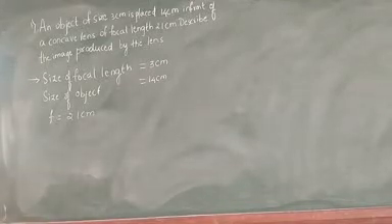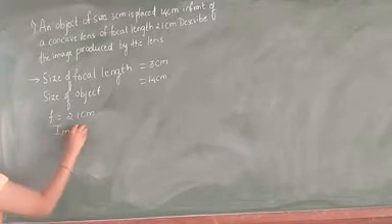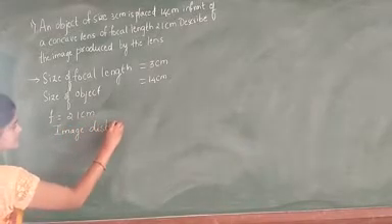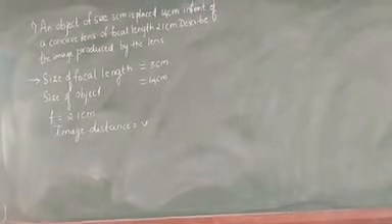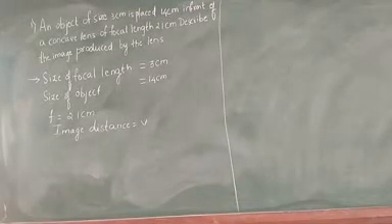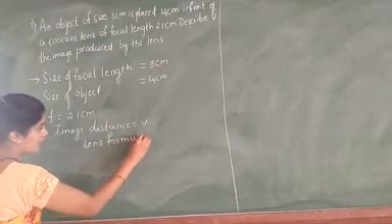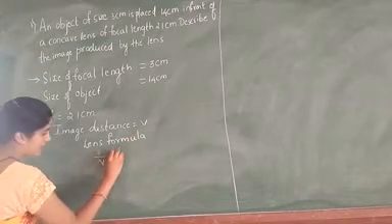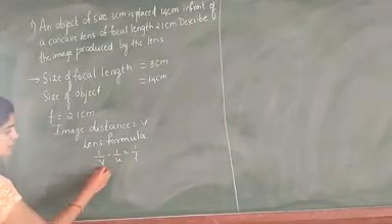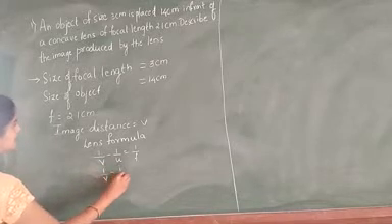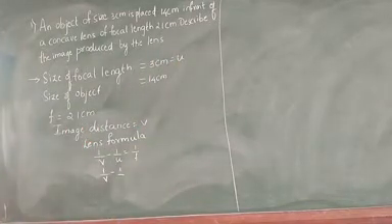Again, we are considering that the image distance is equal to V. According to the lens formula, 1 by V minus 1 by U is equal to 1 by F. Now put the values of V, U, F. We are considering the U value should be 21.